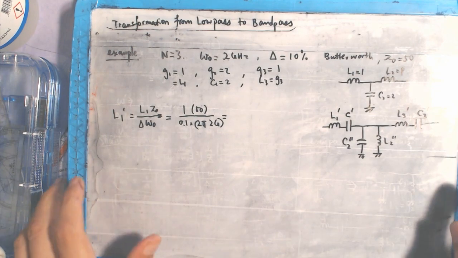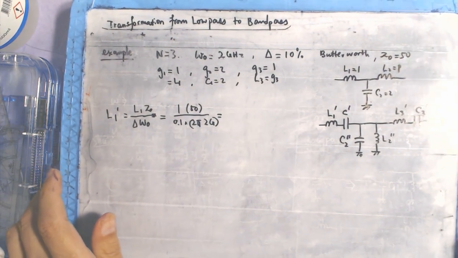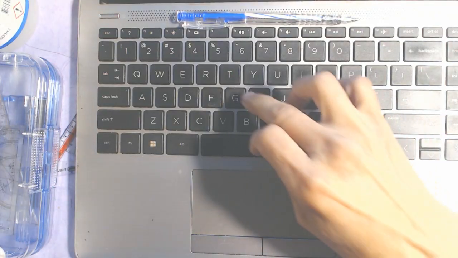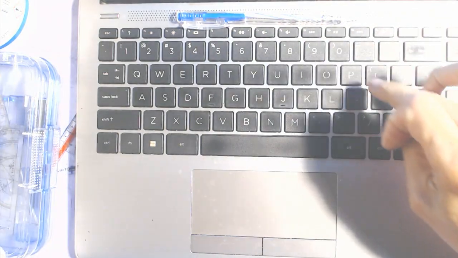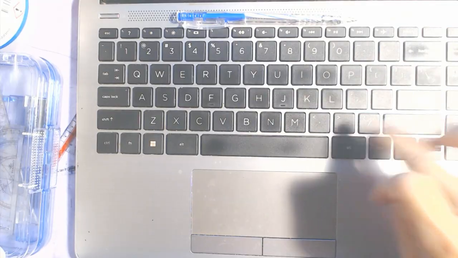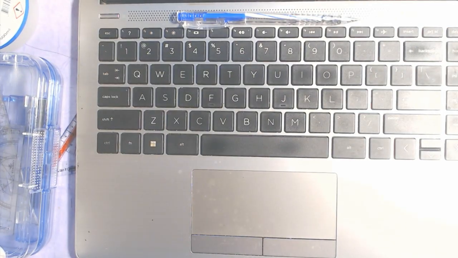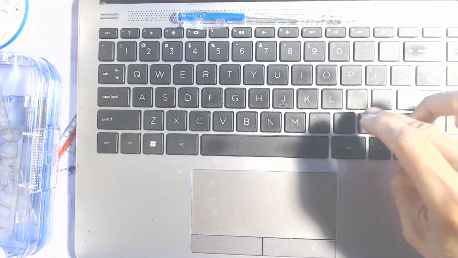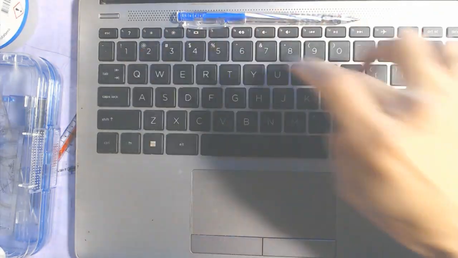Let me do some calculation here. 50 divided by 0.1 and then divided by 2 divided by pi divided by 2 giga.